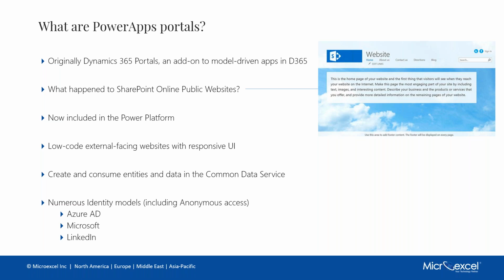So what's the Power Platform? At Ignite they announced Power Automate is the new term for Flow, and add that to Power Apps, and you get the Power Platform, right? So now those portals and the quote unquote public websites are now part of this Power Platform.